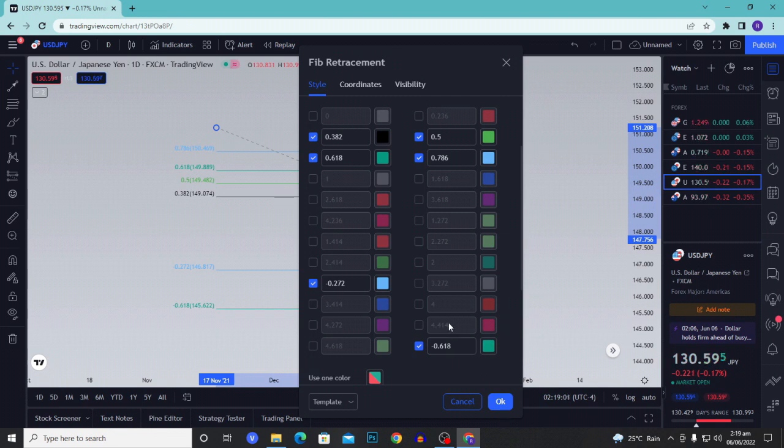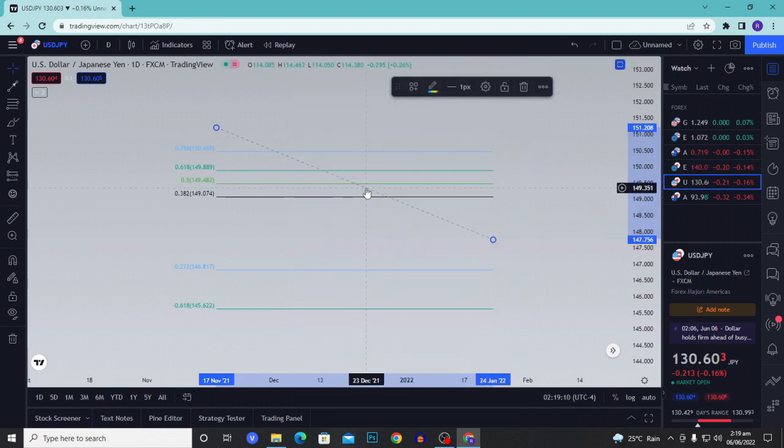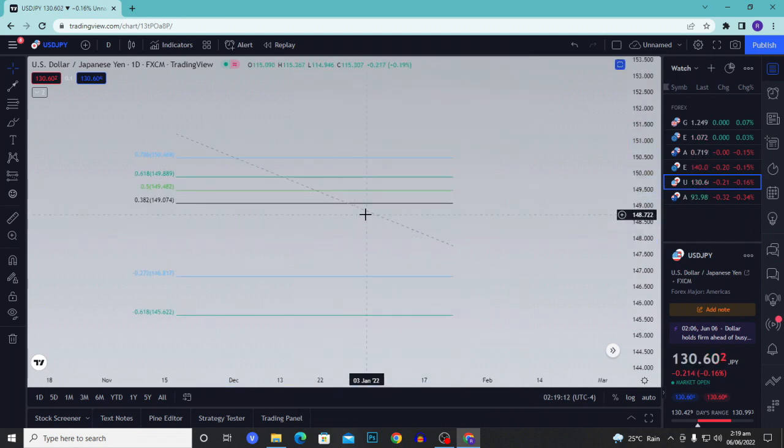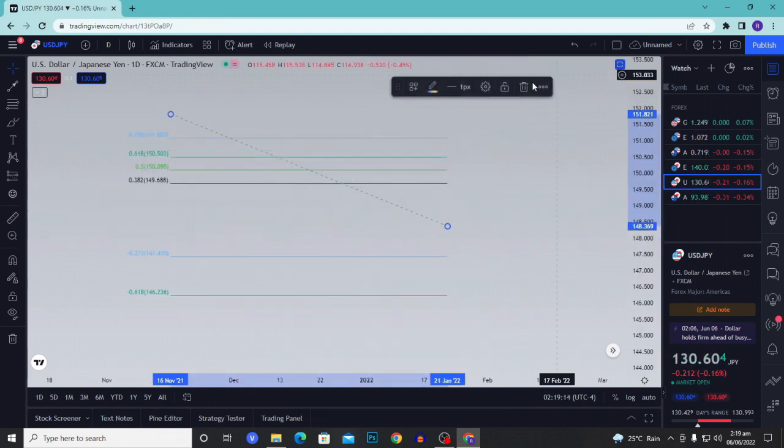The first take profit point will be the negative 0.272. So then you should look like this once you finish setting it up.